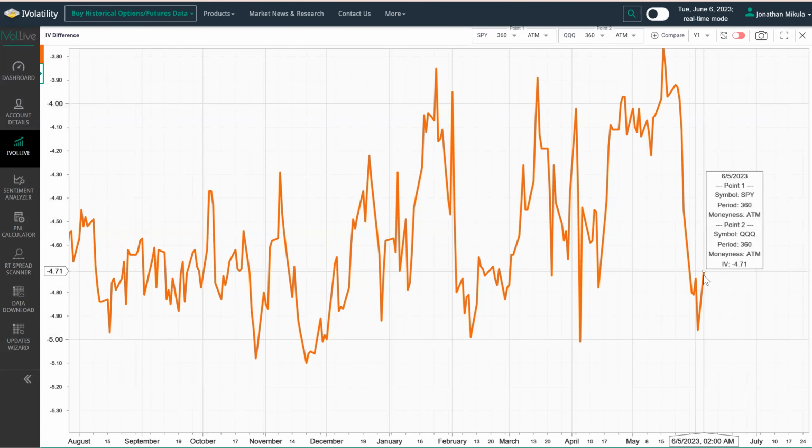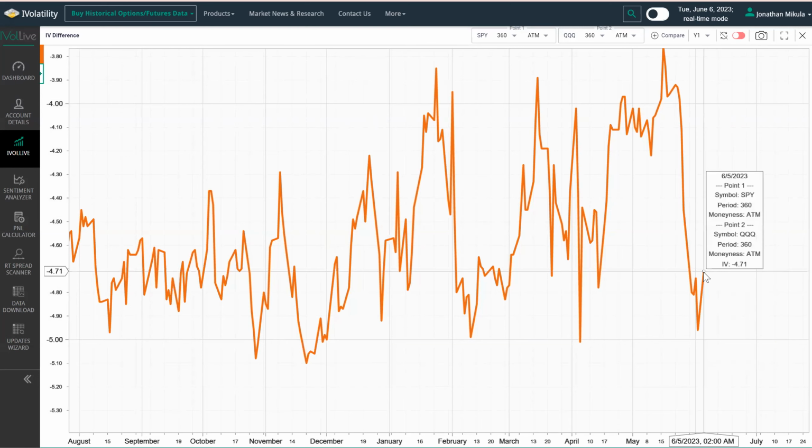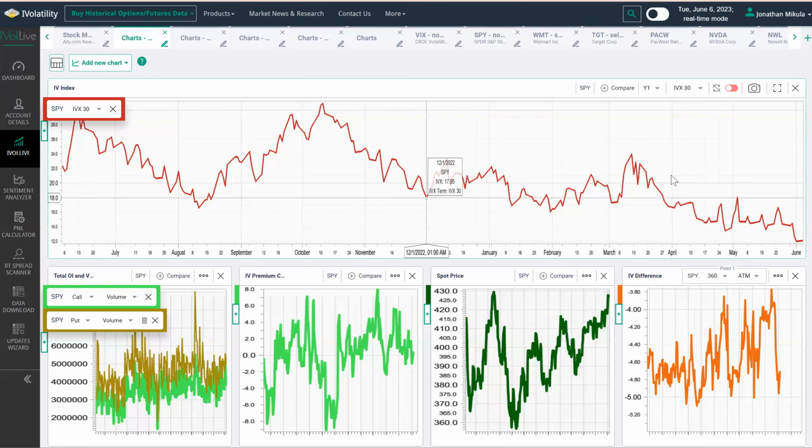If we come to present day, we can see the difference between SPY and QQQ. It's a negative number, negative 4.71. What that tells us very quickly is that the NASDAQ has been trading with higher implied volatility than the SPY. That makes sense intuitively because tech names have been a lot more volatile than the market overall over the past year. They got destroyed in 2022, and now they've been trying to make their comeback in 2023.